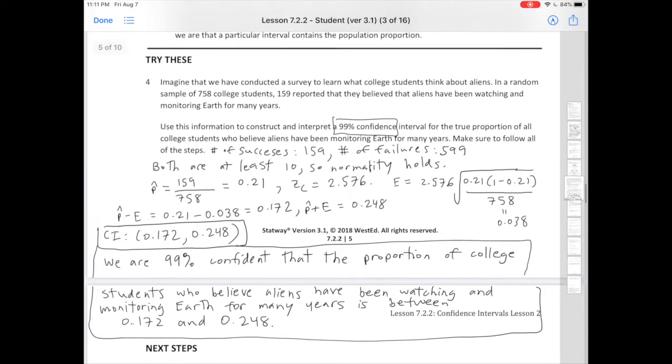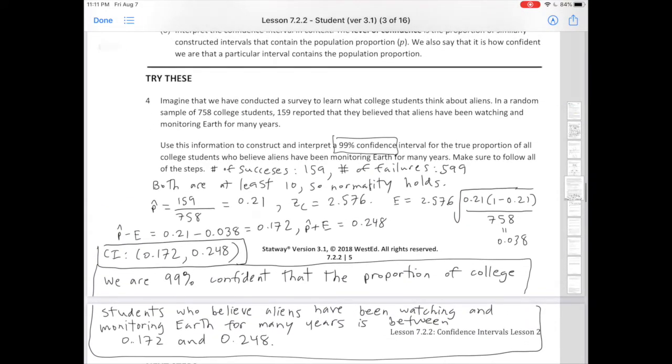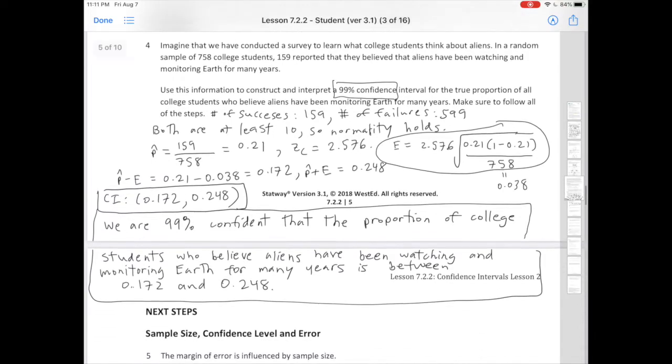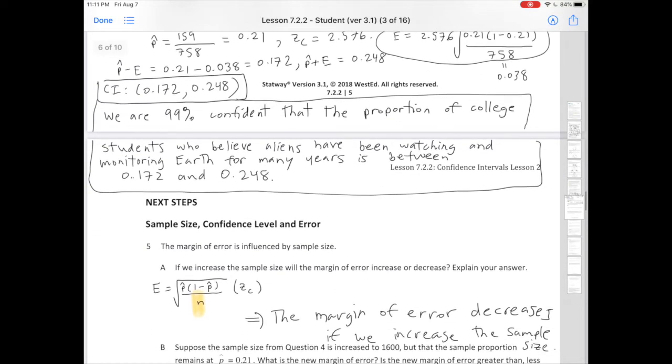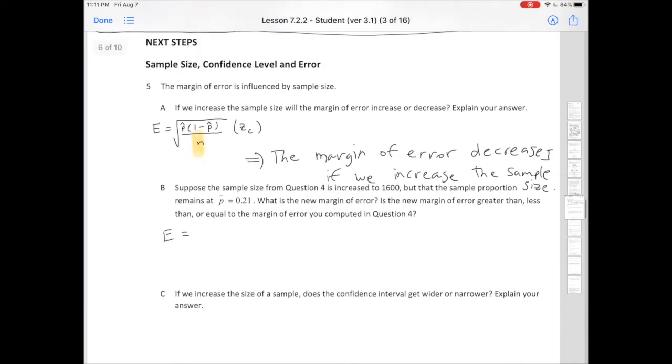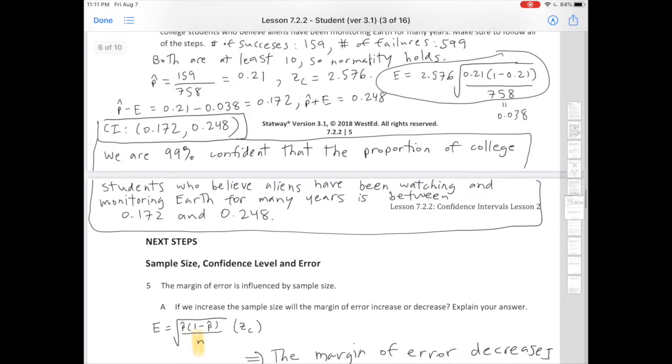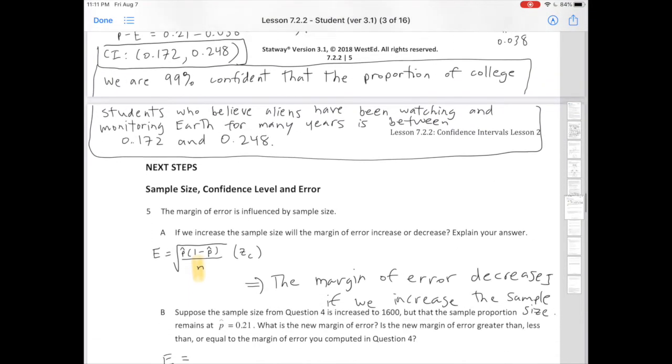Okay, except, let's take a look at it really quick. The margin of error that we did before is right over here, right? This was our calculation. And so what we're going to do is we're going to do that same thing, except we're going to replace the 758 on the bottom, which is the sample size. We're going to replace that with what the problem says. So I believe it's, there you go, 1600.